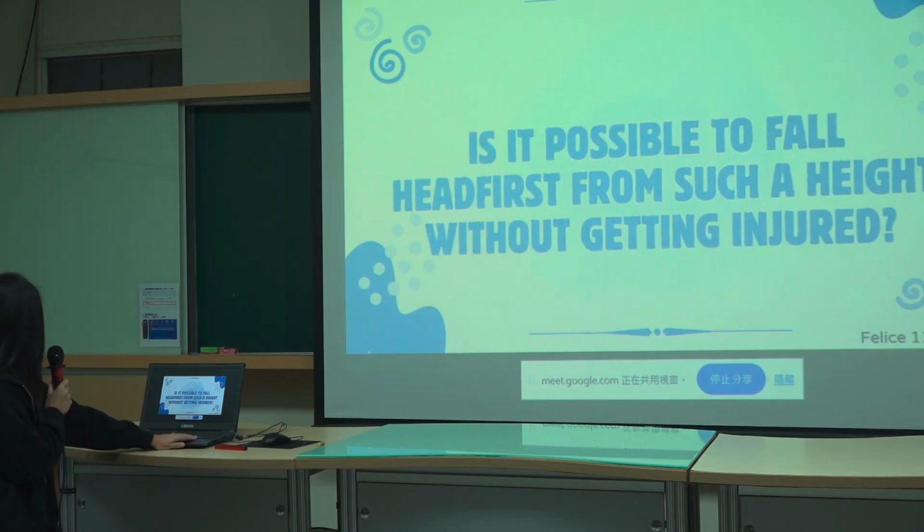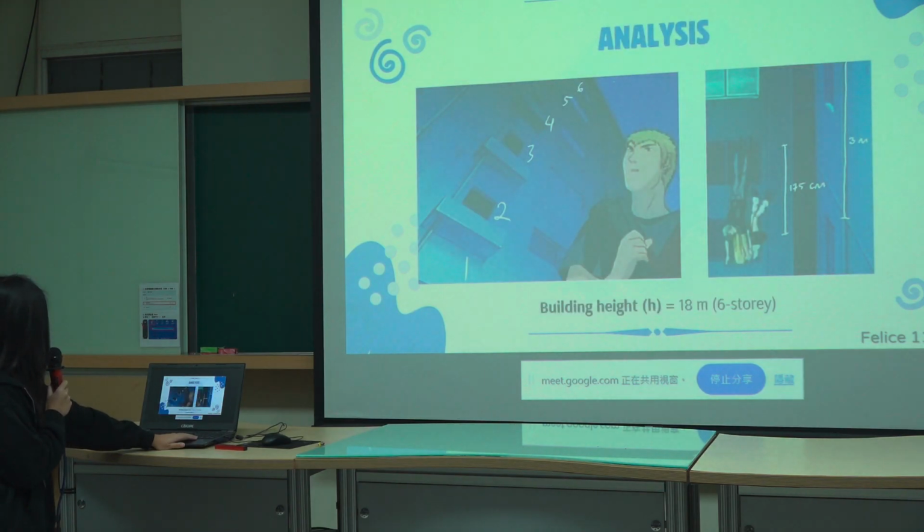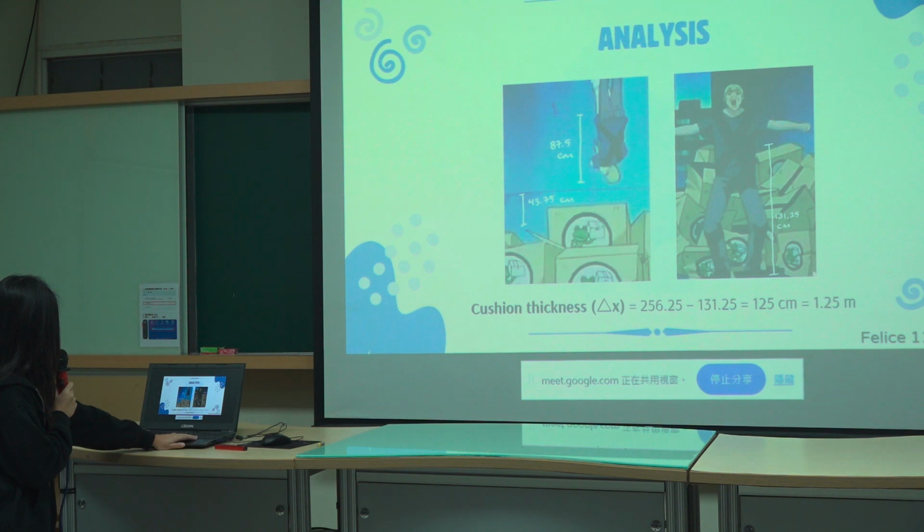And next problem, is it possible to fall headfirst from such a height without getting injured? From these two images, we can tell that this building has 6 floors and each floor is 3 meters tall. So the total is 18 meters. And from these two images, we can know that the cushion thickness is 1.25 meters.